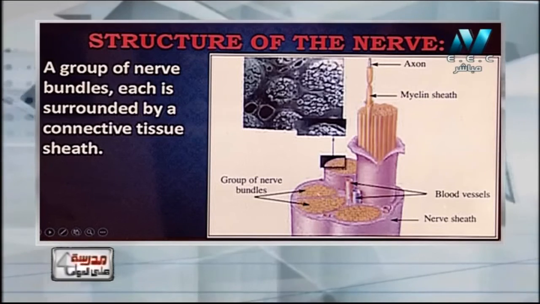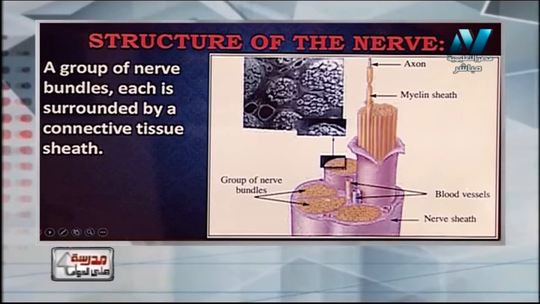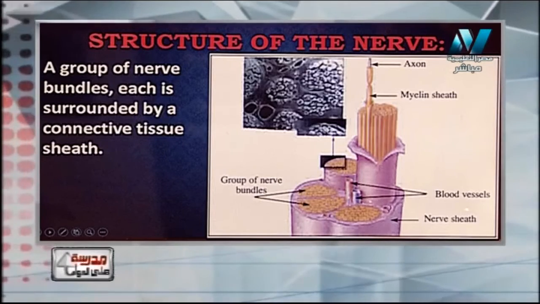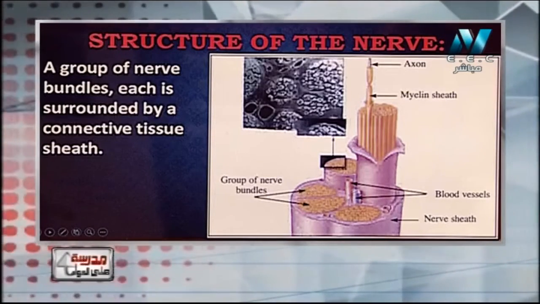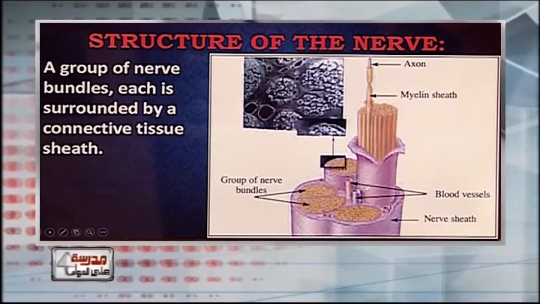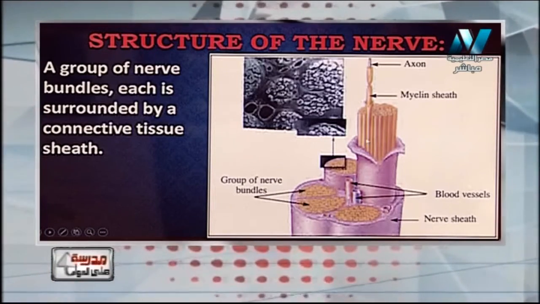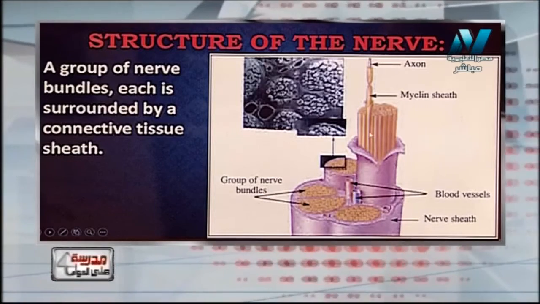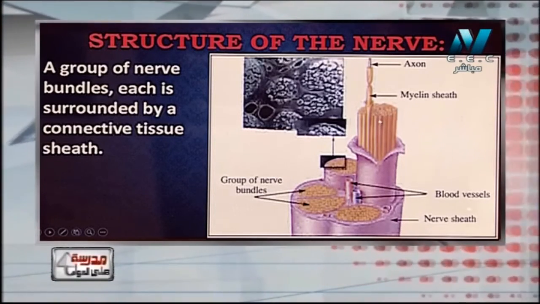And the nerve is composed of bundles, as we said, and each bundle also is surrounded by sheaths like the nerve as a whole. In between the bundles, there are blood vessels, as you see in this picture, and the bundle itself is composed of many fibers or axons of neurons.